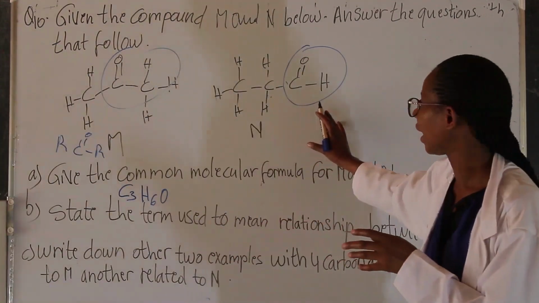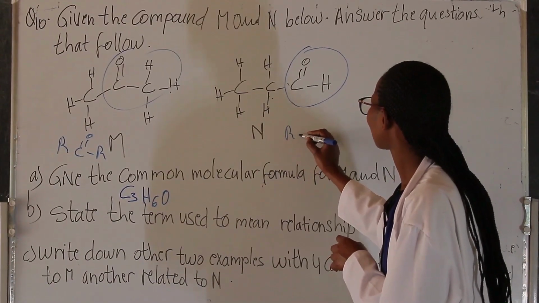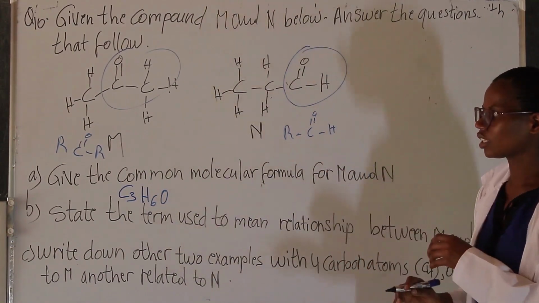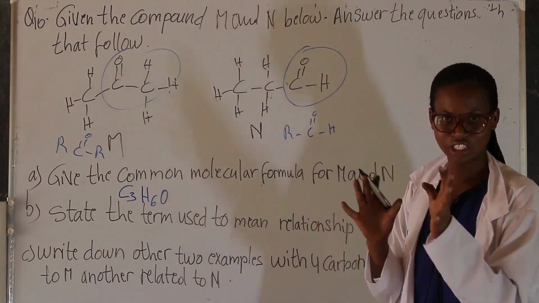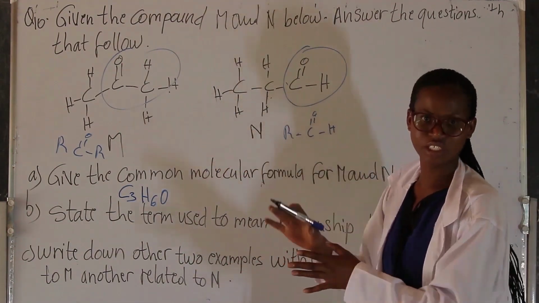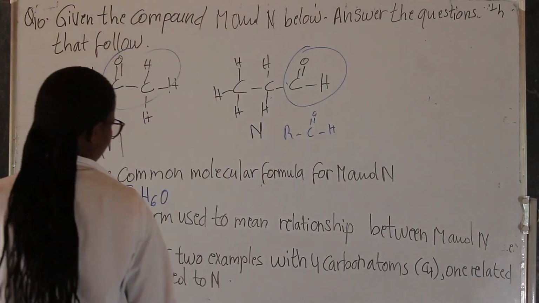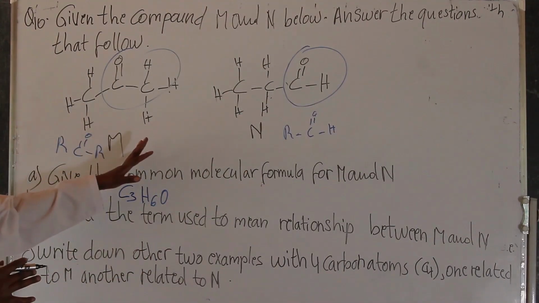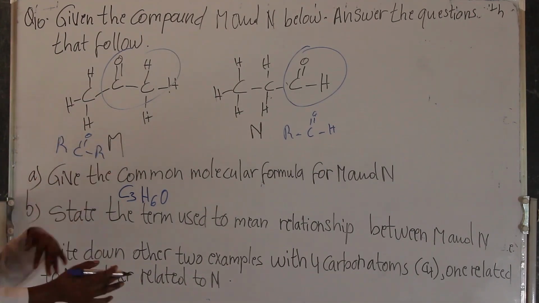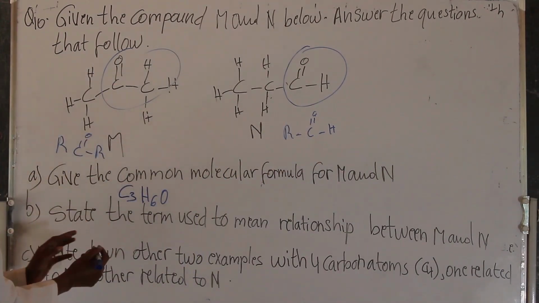Here we have an aldehyde, as we have alkyl, C double bond O. This is an aldehyde. This means that the relationship between those molecules is functional isomerism. We know that in functional isomerism, they have the same molecular formula, but differ in the functional group. Here the functional group is ketone, while here the functional group is aldehyde, while the molecular formula is the same.